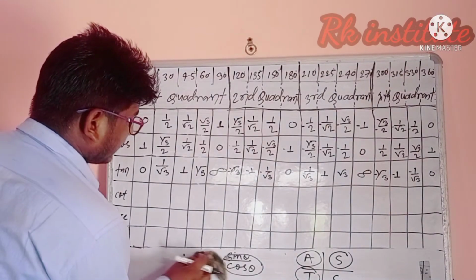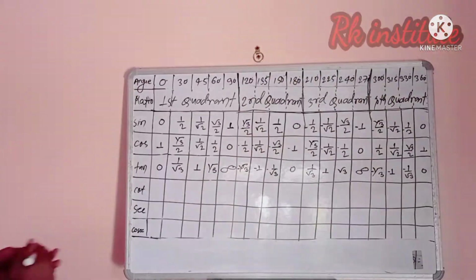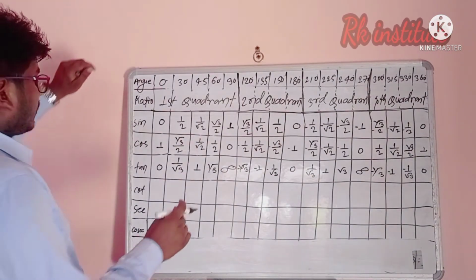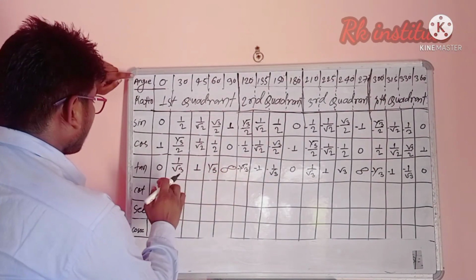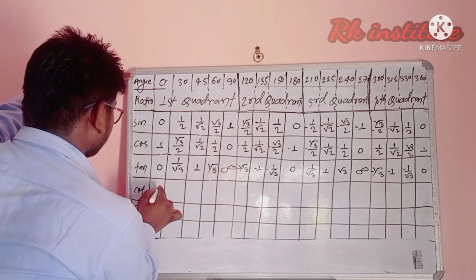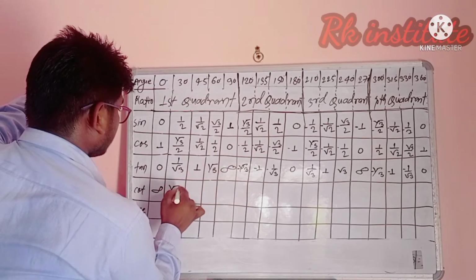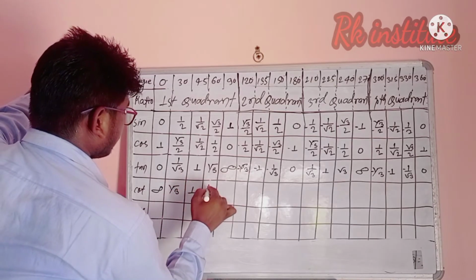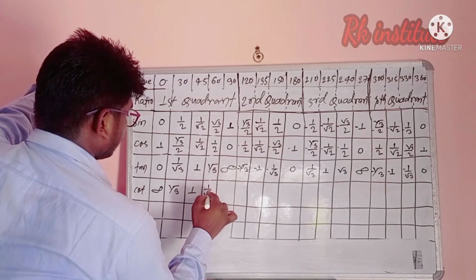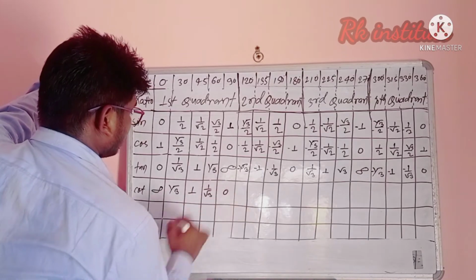We have to write the next 3 terms. We have to find cot. The cot, after that, is infinite, root 3, 1 by root 3 and 0.